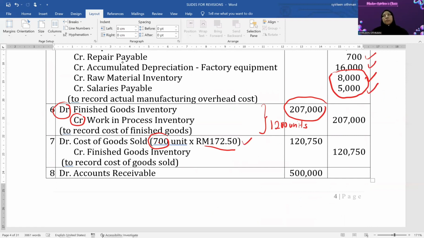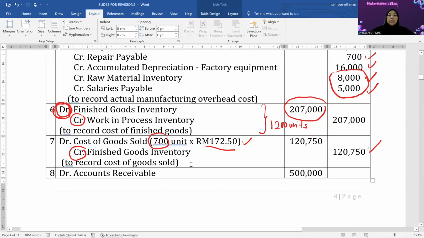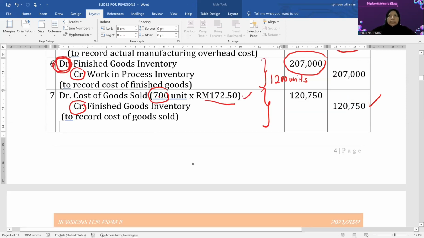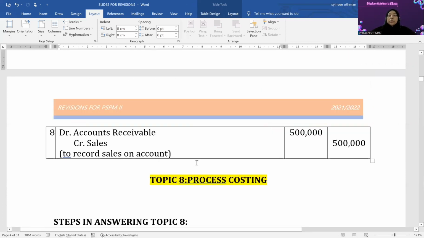So where does this item come from? It comes out of the store. When it comes out of the store, just now it went into the store, number 6, debit finished goods inventory. So when it leaves finished goods inventory, we will credit finished goods inventory. So the item is 120,750. So this is the sales record at cost value. Then we need to record sales at the customer's price. This is your price, our price as the supplier or manufacturer. The price you are actually using to sell to your customer will be 500,000.